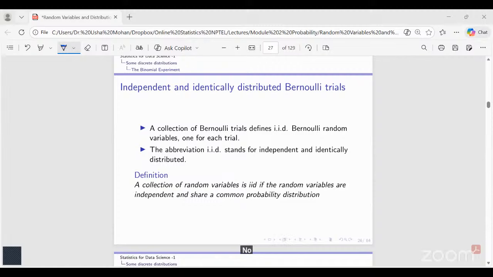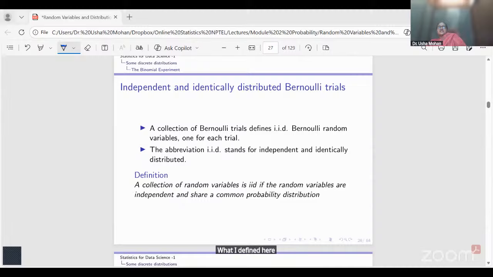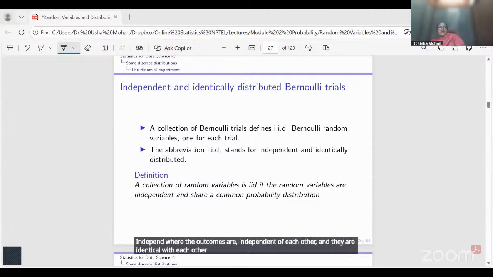No. So what we have just discussed is a collection of two Bernoulli trials that are independent, where the outcomes are independent of each other, and they are identical with each other. Is it clear?